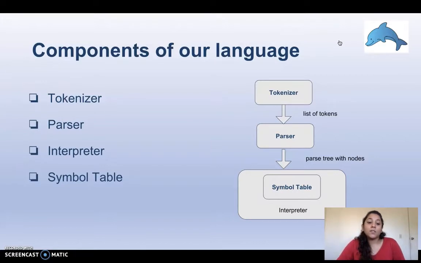This parse tree is further passed on to the interpreter, which breaks down these nodes into smaller pieces and does all the operations on it. Lastly, the symbol table, which is a part of the interpreter, is used to store the runtime variables. For example, it stores the main intermediate values computed during calculations.